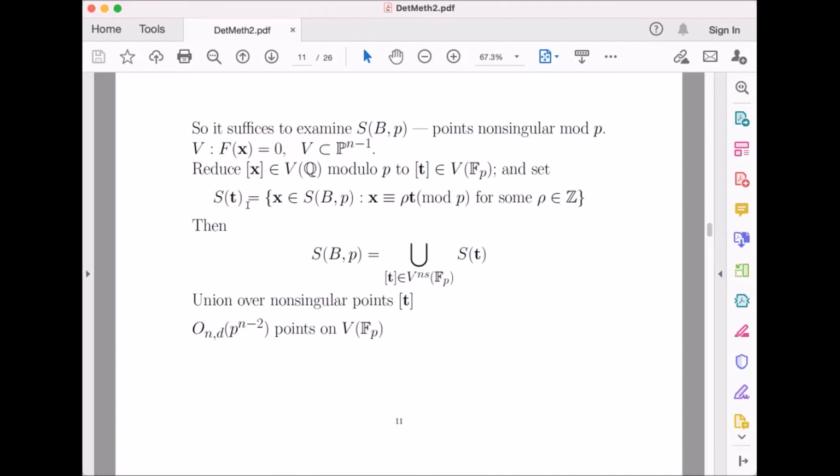And then for a given t, we'll let S_t be all the points that reduce to t modulo p. And in fact, since we're working in projective space, these x's will reduce to some multiple of t. So all the points that reduce projectively to t. And we can partition S_B,P up into the sets S_t, where t runs over the non-singular points of V modulo p.